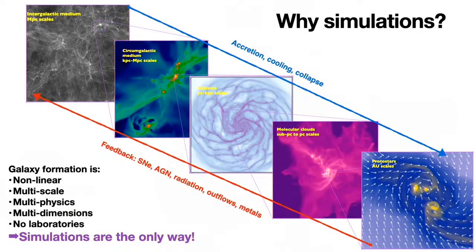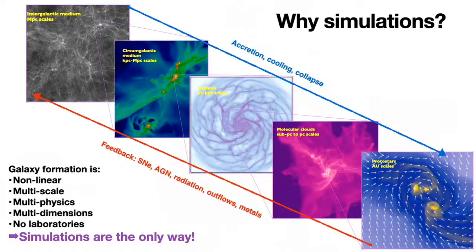So galaxy formation is a gigantic loop on cosmological scales after the Big Bang. Dark matter collapses into this cosmological web of sheets and filaments and halos. Baryons, the gas, they fall into the gravitational potentials of the dark matter.